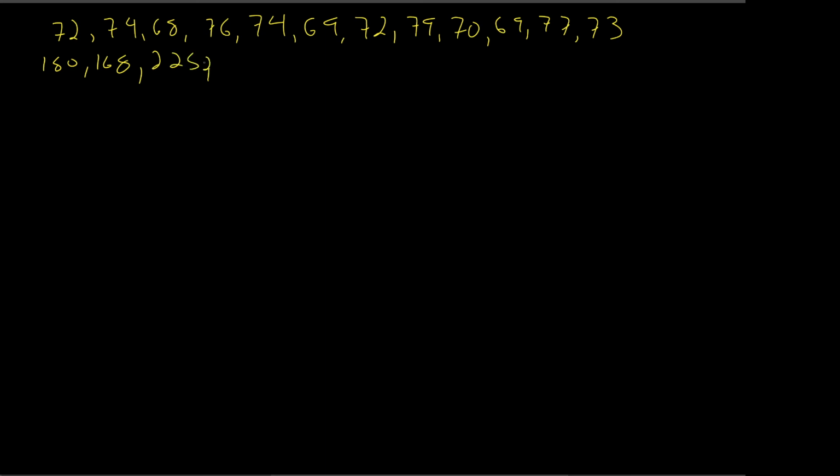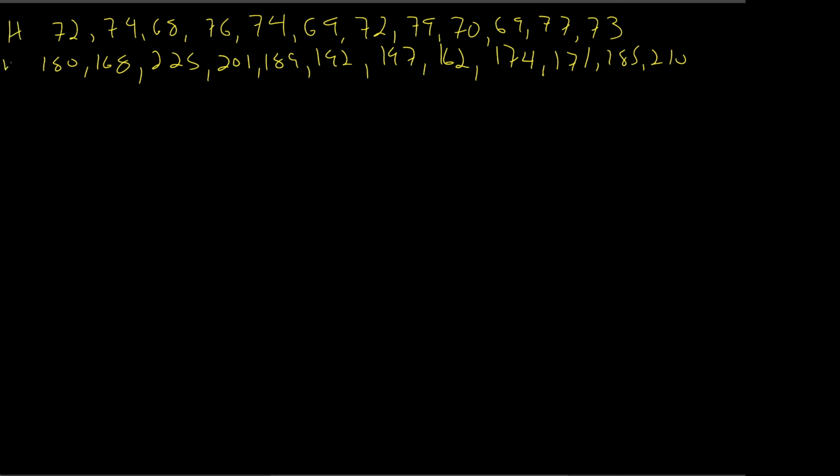Now this data is paired, and in Chapter 9 we'll learn how to deal with paired data and how we can look for any correlations that might be coming from this paired data. But for right now we can treat this as two separate sets of data, and we can look at the standard deviation of the two different sets, and we can compare. But what we have to do is, this will be height, so I'll put h, and this will be weight.